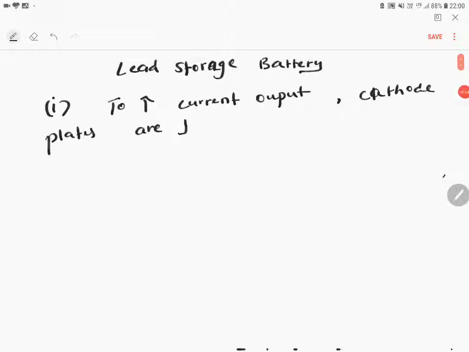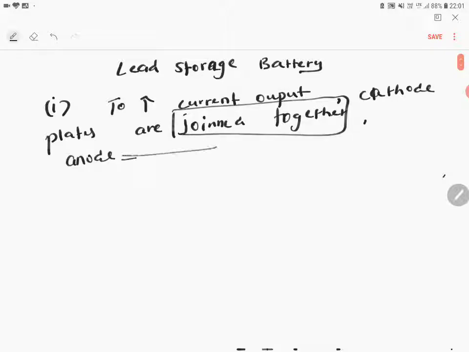So to increase output, cathode plates are joined together, and anode also follows the same thing, joined together.